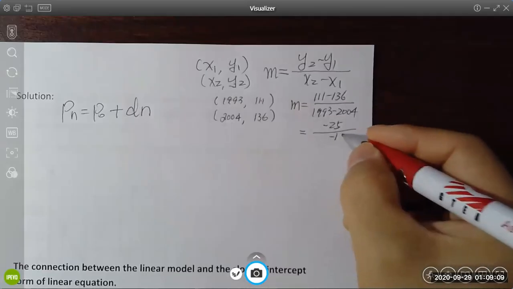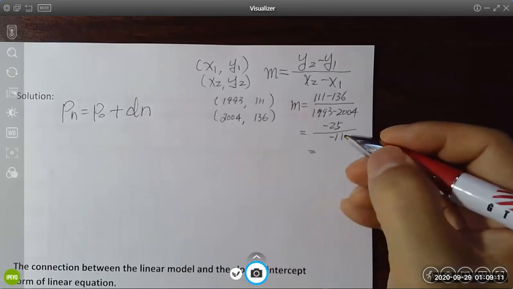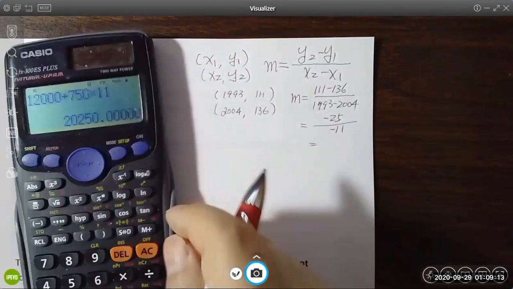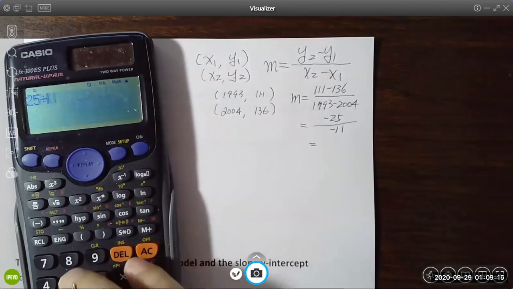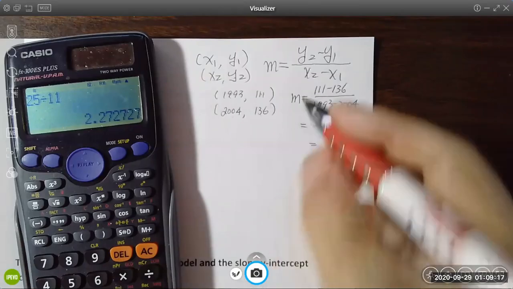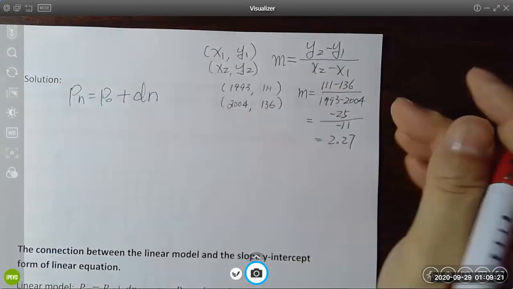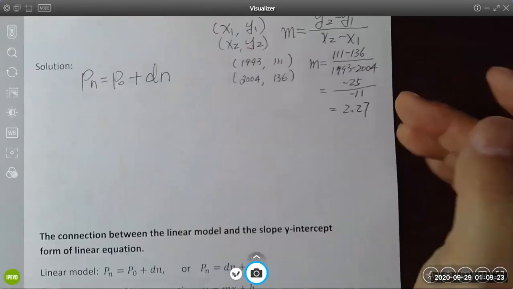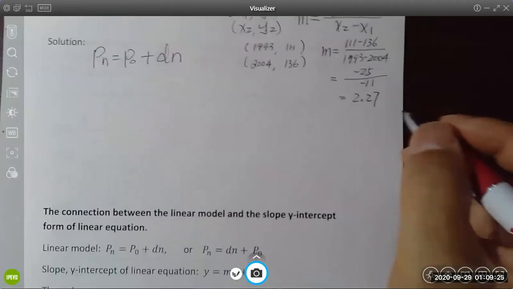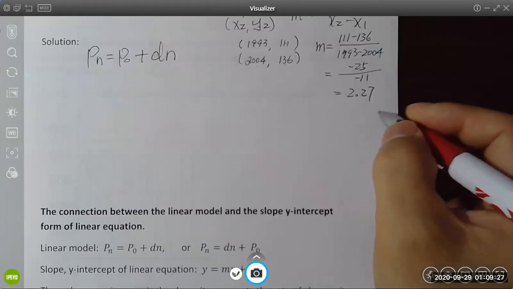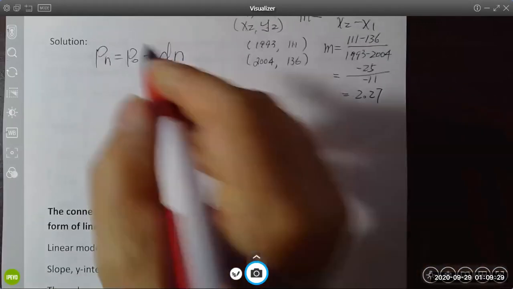So negative 11. So we just need to do the calculation, 25 divided by 11. We got 2.27. So about 2.27 average increase, 2.27 billion gallons average increase per year. So that's our D.